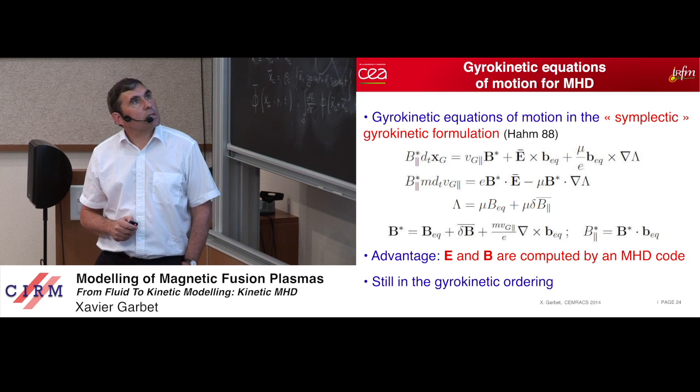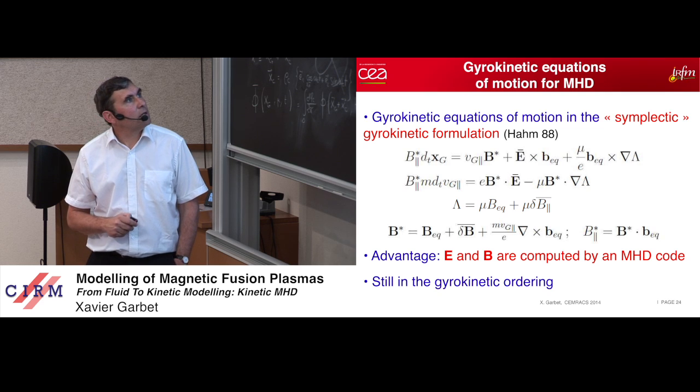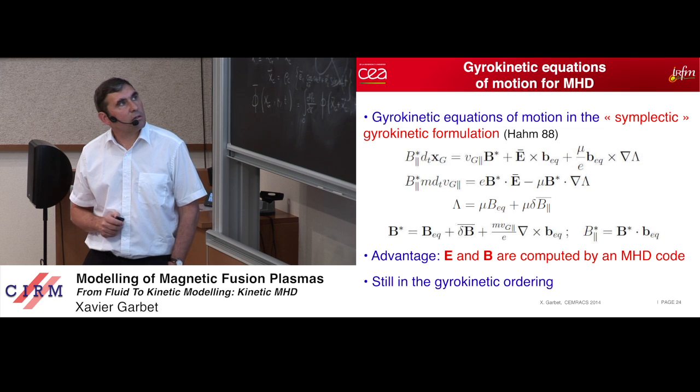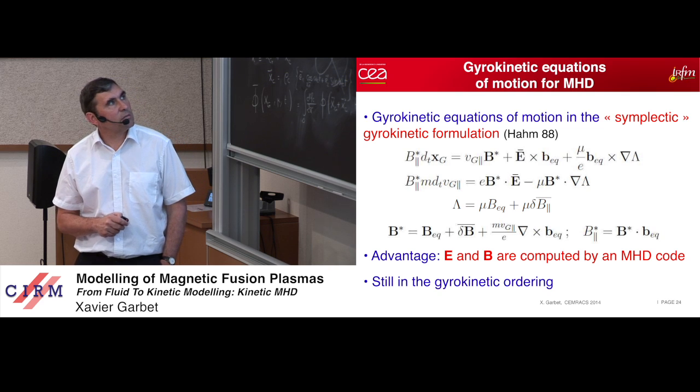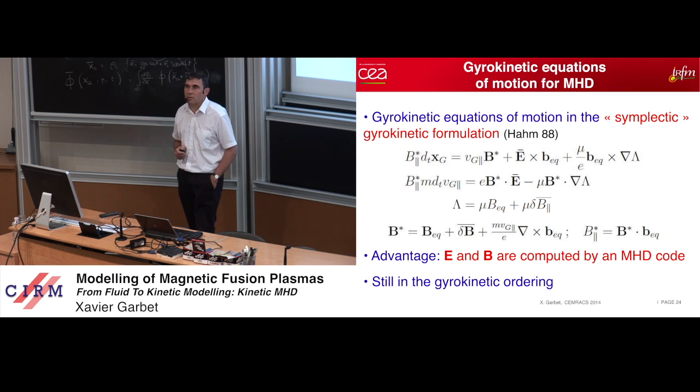And the other thing is that if you look at the Hamiltonian here and B star, all this actually depends on the actual field. So B equilibrium plus this is actually the B field that you calculate in the MHD code, right?